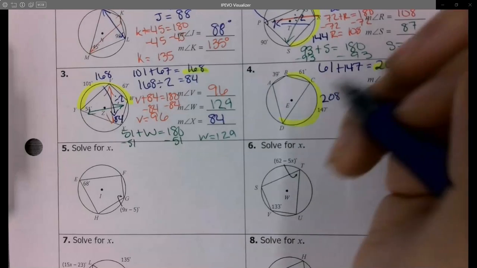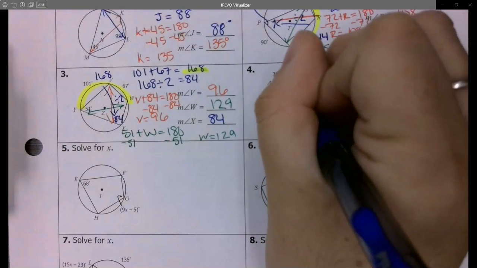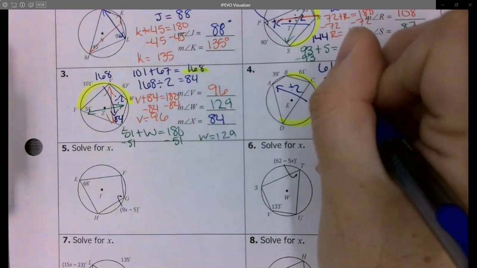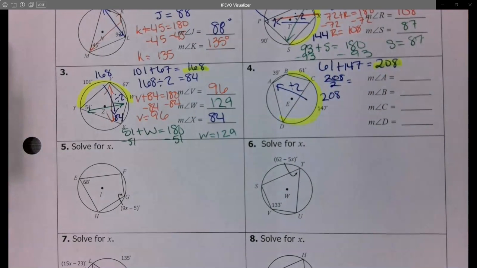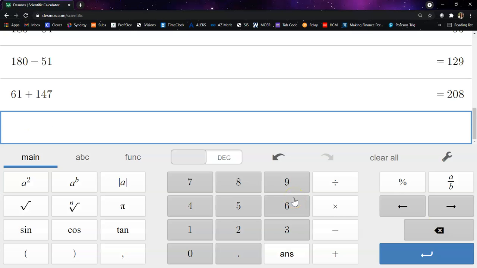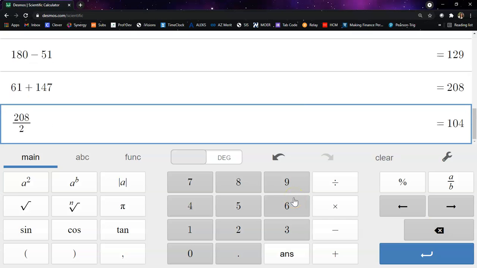So I want to divide that by 2 to get my A, which gets 104.